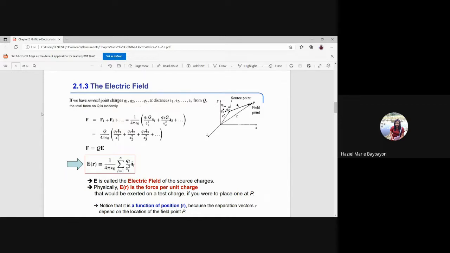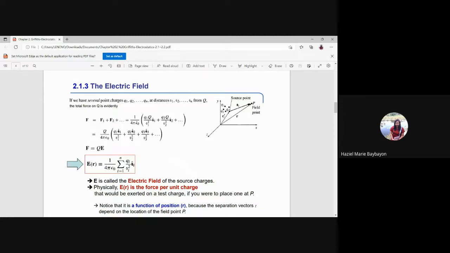Now if we have several point charges Q1, Q2, and so on at distances R1, R2, and so on from Q, the total force on Q is evidently equal to this, okay? By virtue of the superposition principle, the total force is equal to F1 plus F2 plus so on.